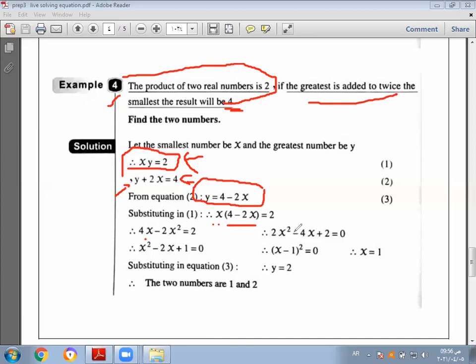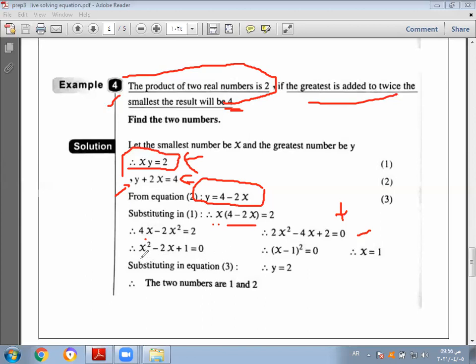We simplify and make the right-hand side 0 to solve the equation: 2x squared minus 4x plus 2 equals 0. We can use factorization. We divide each term by 2 to simplify and get x squared minus 2x plus 1 equals 0.